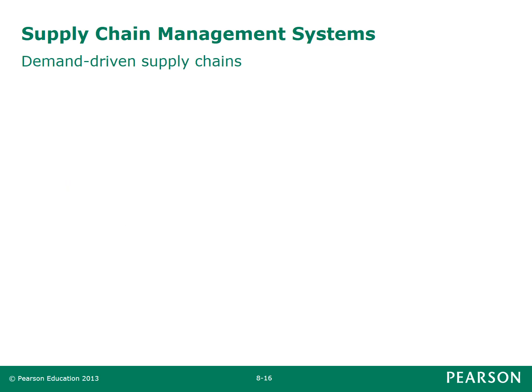A push model supply chain is one where expected demand is determined and products are pushed to the downstream of a supply chain. For example, winter jackets get pushed to retailers as summer ends and winter season starts.